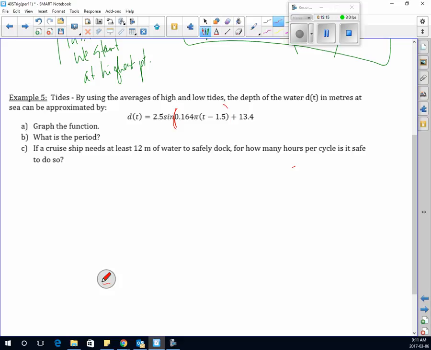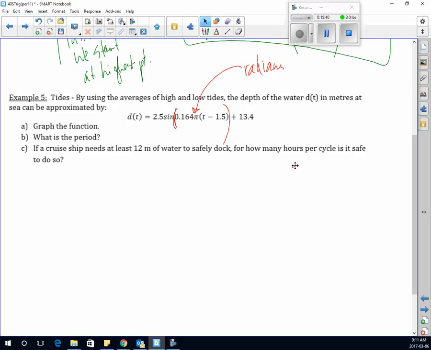After the other bracket, right there. Because the t minus 1.5 is the shift to the right, it has to be inside that first bracket. And we have to be in radians. How do I know it has to be in radians? Because it's saying the b is 0.164 pi.